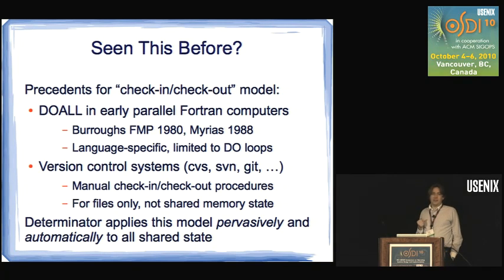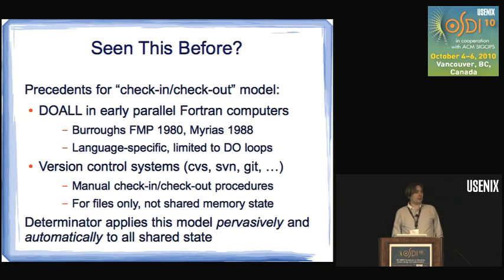So you might have seen something like this before, in a number of ways. It's certainly not a brand new idea. Very early parallel Fortran systems actually did something like this in their parallel do loops. This was language specific and limited to a particular construct. But obviously, you use this all the time when you're writing software, just at a manual level.